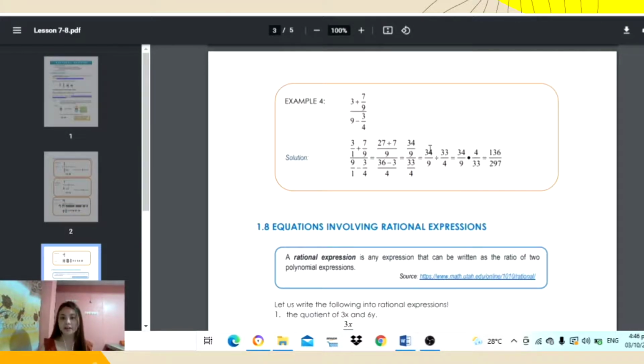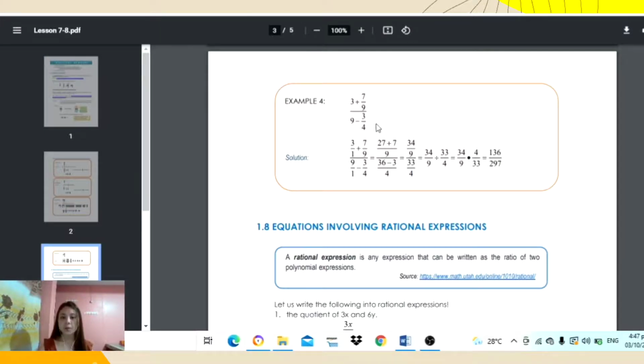So in here, our dividend, or the numerator of the complex number, is 34 over 9 multiplied by 4 over 33, which is the reciprocal of our divisor, 33 over 4. Now, multiplying these fractions, we have 34 times 4, that's just equal to 136, and 9 times 33, which is just equal to 297.